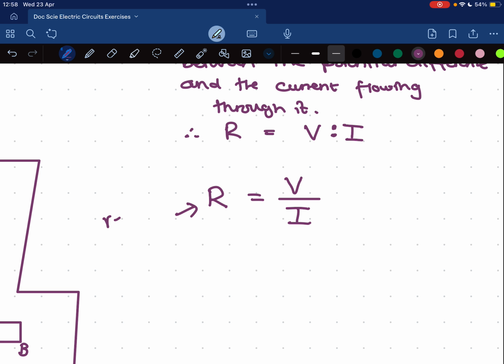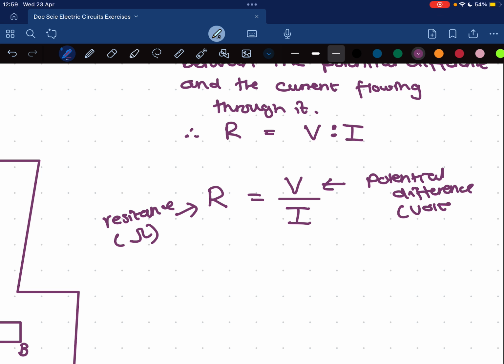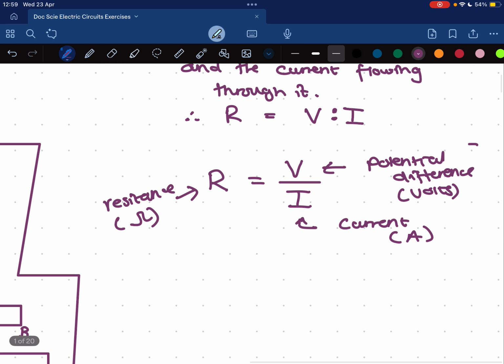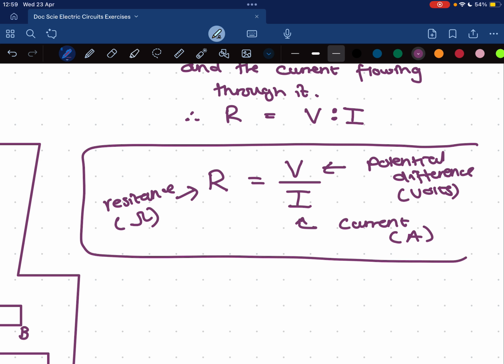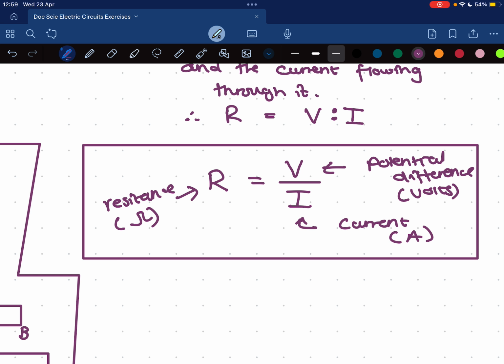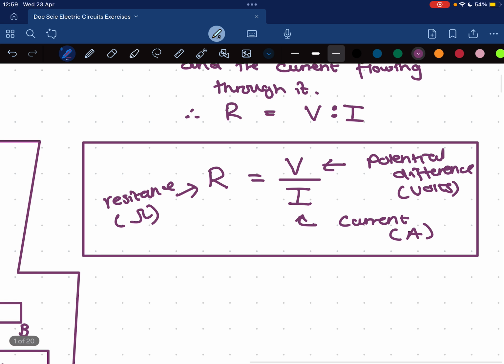Where R is the resistance, which is measured in ohms. V is the potential difference, measured in volts. And I is the current, which is measured in amps. This relationship between the potential difference and the current is what we call Ohm's law.